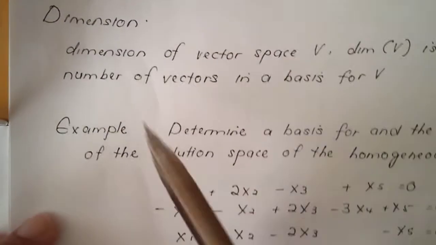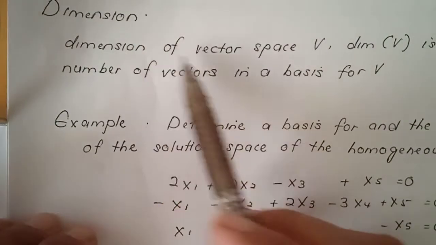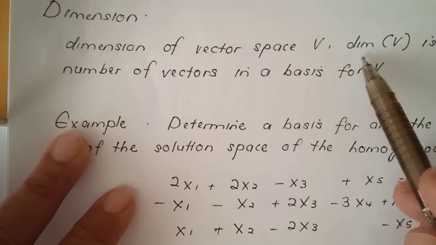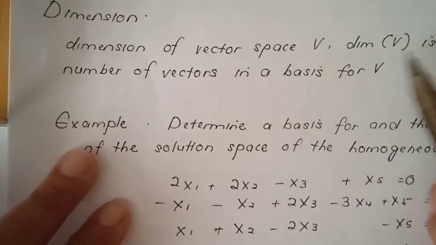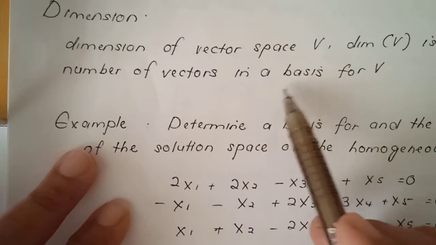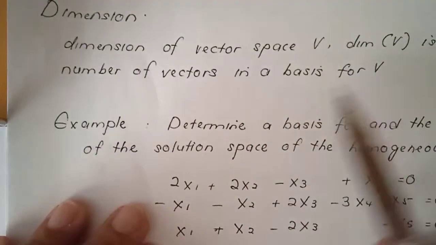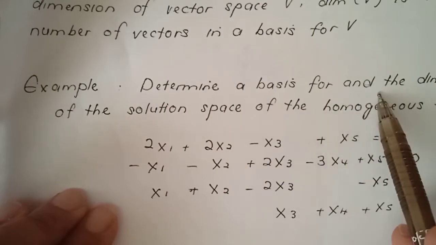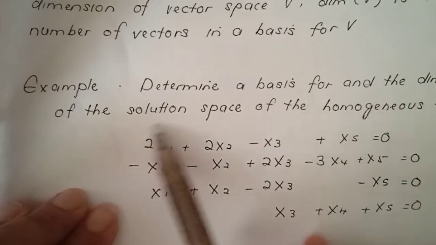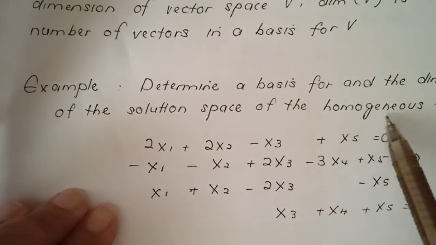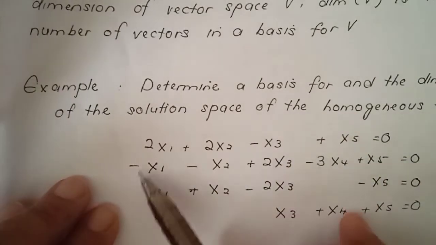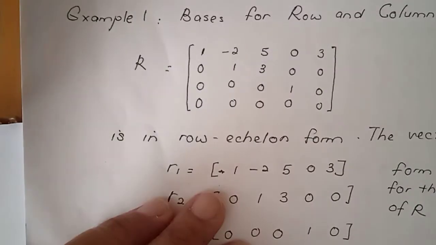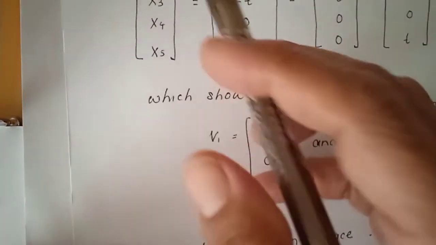Okay, now dimensions. The dimension of vector space V, given by dim V, is the number of vectors in a basis for V. Example: determine a basis for and the dimension of the solution space of the homogeneous system given by this system of linear equations.